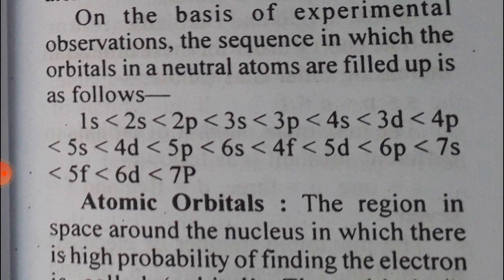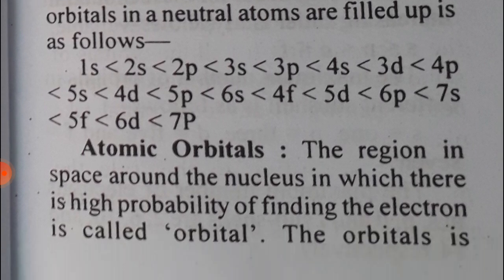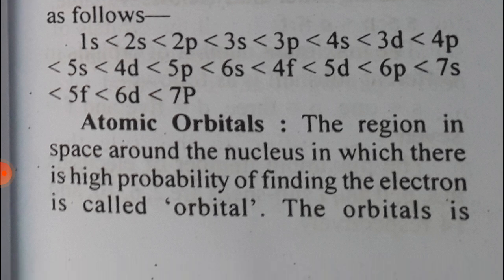The sequence in which the orbitals in neutral atoms are filled up is as follows: 1s < 2s < 2p < 3s < 3p < 4s < 3d < 4p < 5s < 4d < 5p < 6s < 4f < 5d < 6p < 7s < 5f < 6d < 7p.